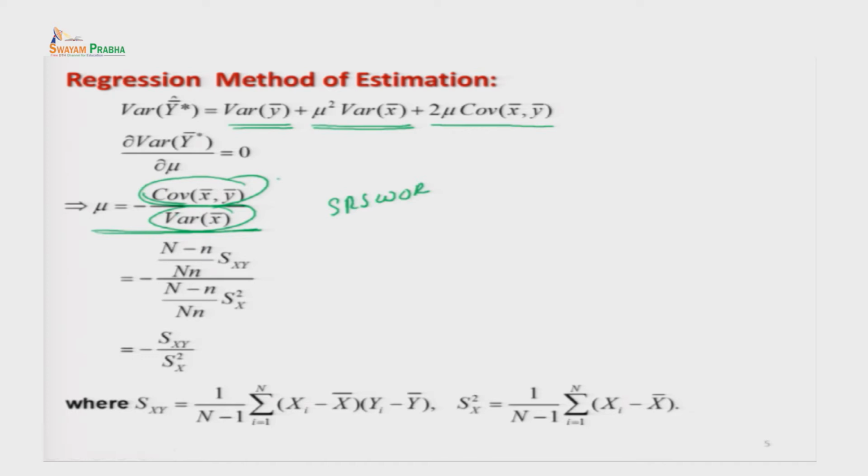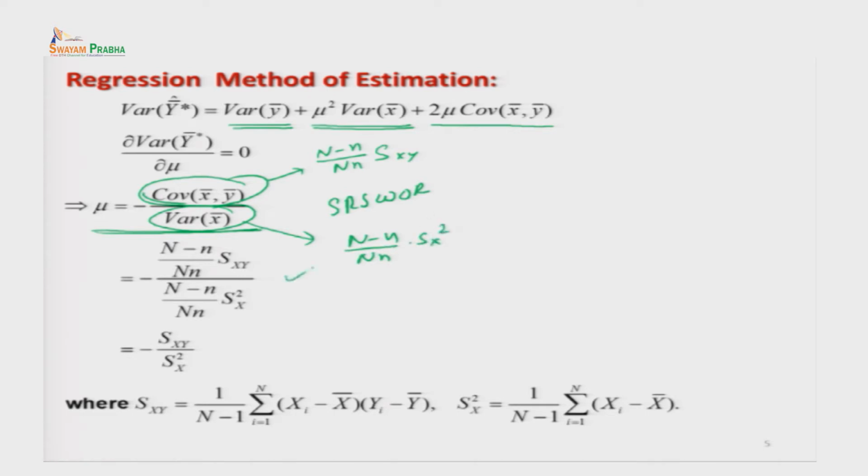The covariance between x bar and y bar we had found as capital N minus small n divided by capital N into small n, Sxy, and the variance of small x bar, on similar lines, becomes capital N minus small n divided by capital N into small n times Sx square.